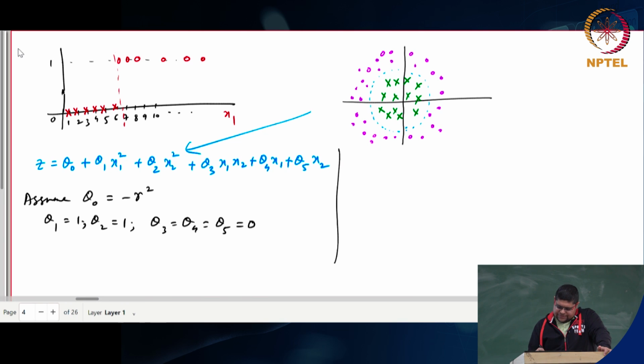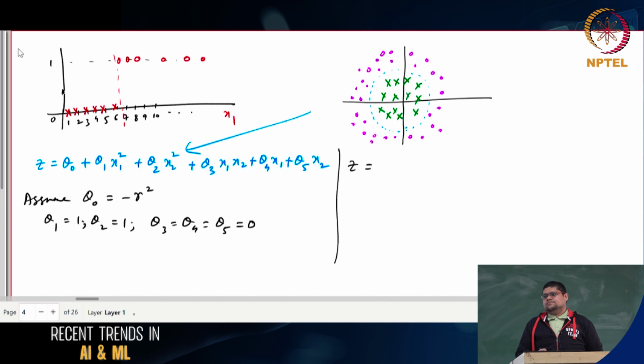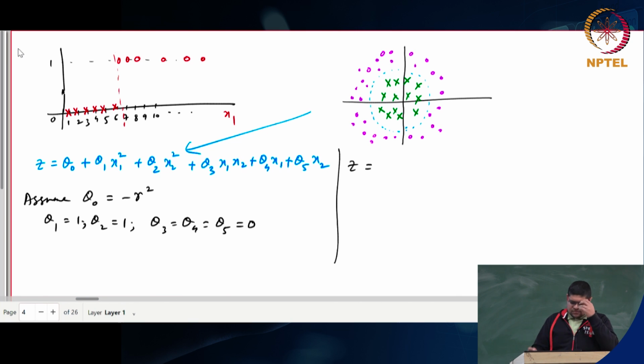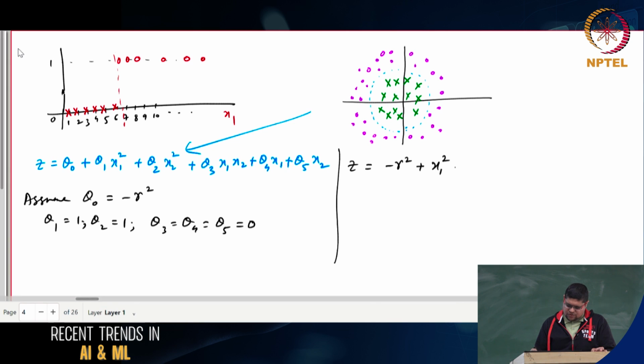Now what will be your z? Please calculate. Everyone please use your pen and paper. So z equal to, theta 0 equal to minus r square, so minus r square plus x1 square plus x2 square.